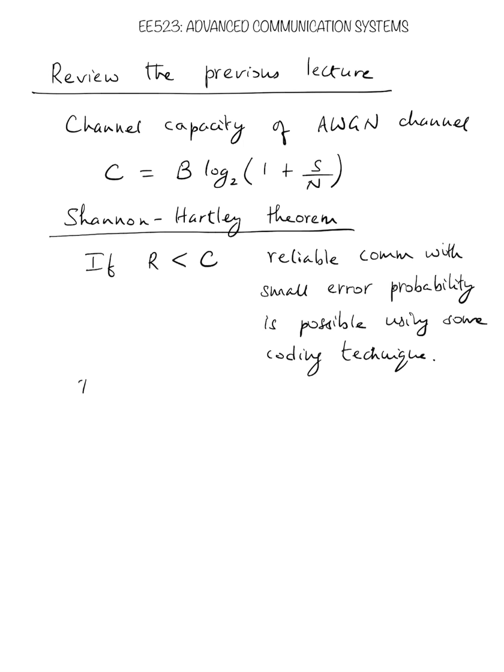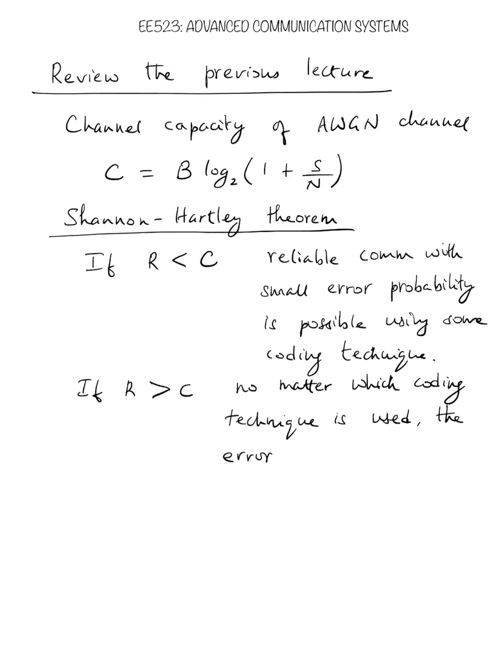On the contrary, if the rate of communication R exceeds the capacity of the channel C, then no matter which coding technique is used, the error probability will not be small.